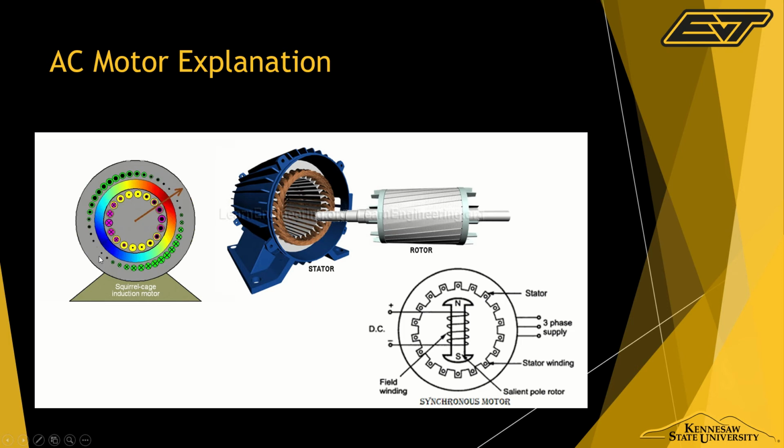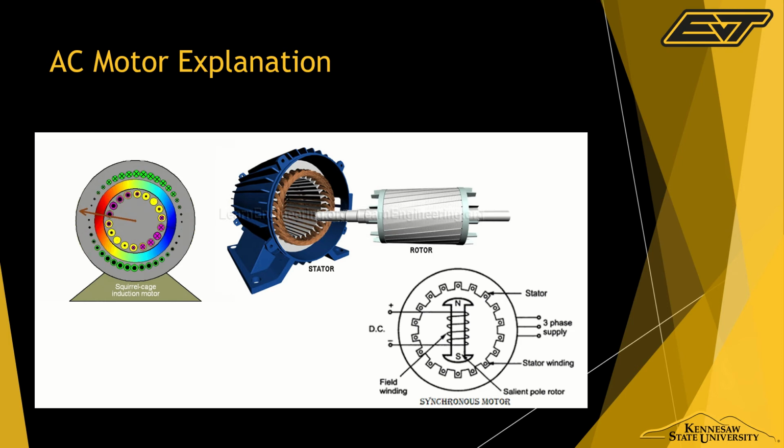And as the magnetic field spins, it induces a current inside of the rotor, which then begins to produce its own magnetic field because of the difference in the speed of the magnetic fields. Now, torque cannot be generated in this motor unless there is a difference in the speed of the magnetic field in the stator and the speed of the magnetic field in the rotor.